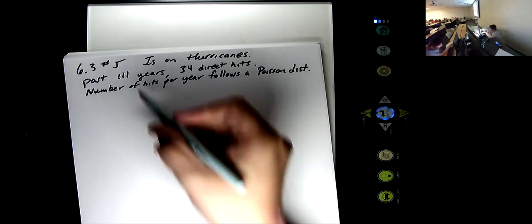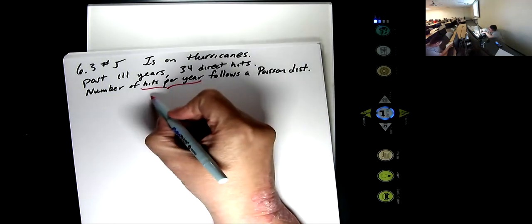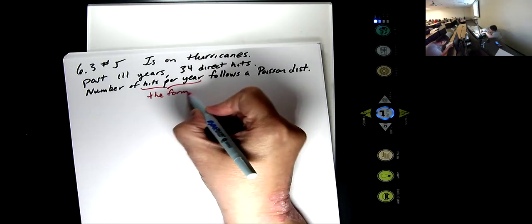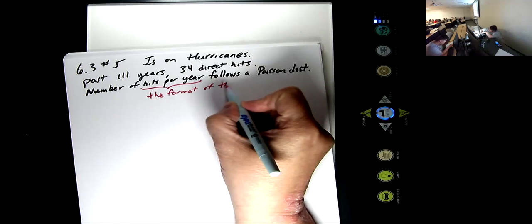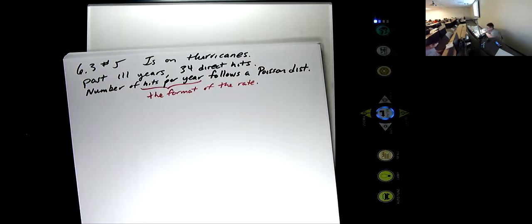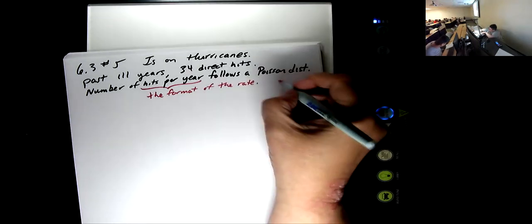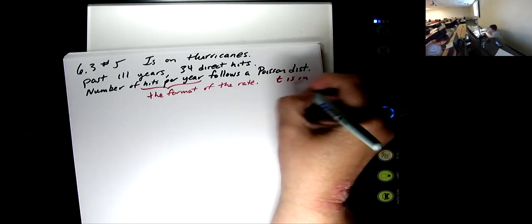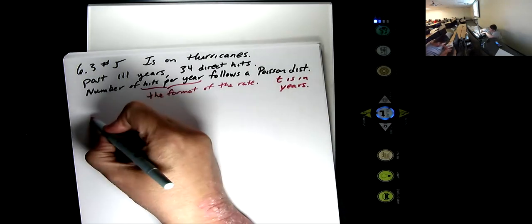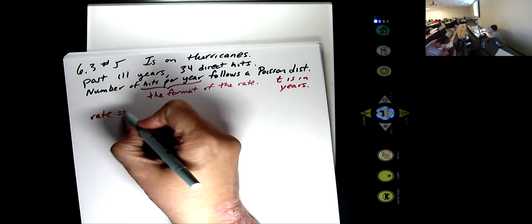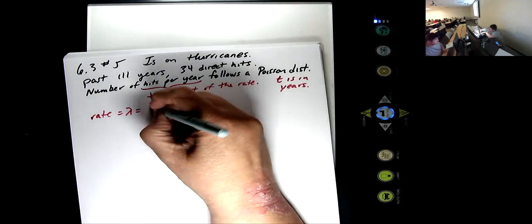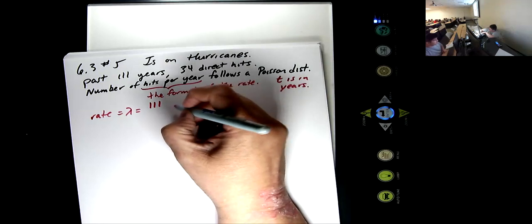They're telling us the format of the rate. This is the format of the rate. And looks like T is in years. But our rate or lambda, well, we're doing an average, so we had a 111.